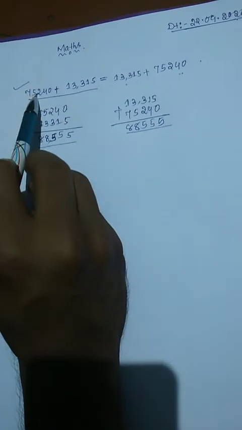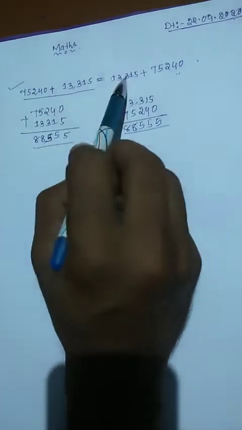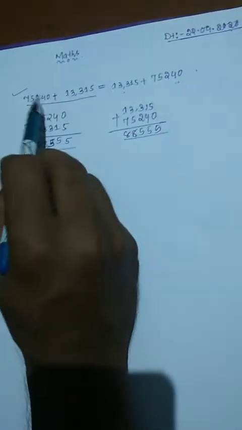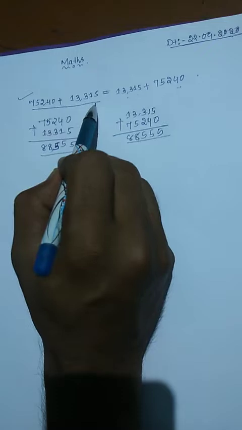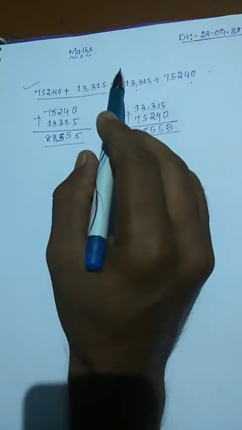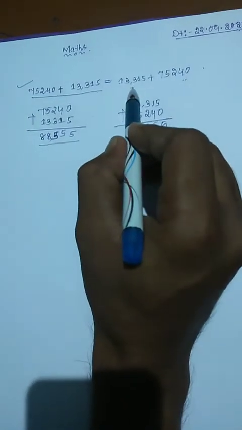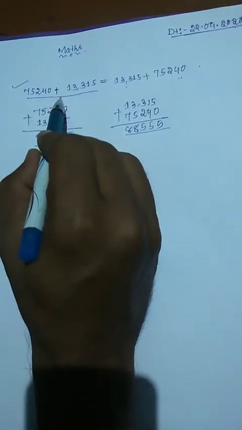It means if we change the addend position, addend meaning when a number is added with another number, these numbers are called addends, if we interchange their position, the result is also equal to the previous one.